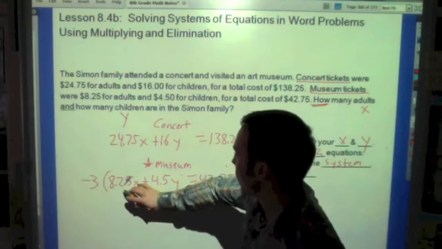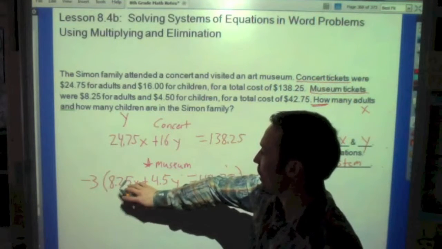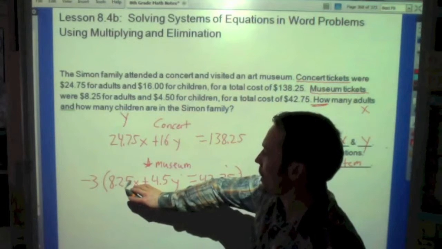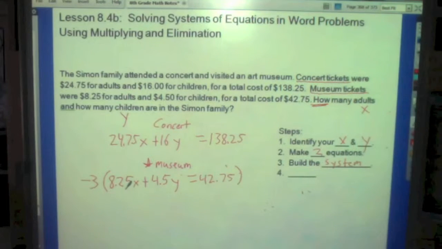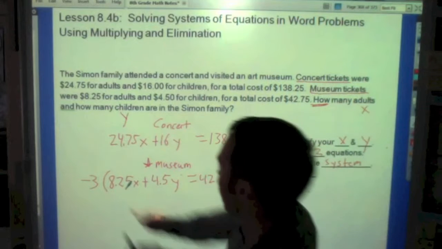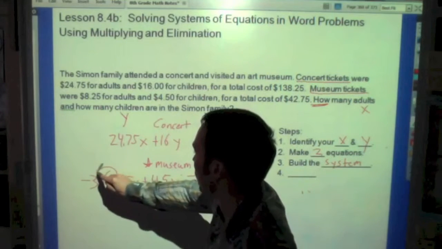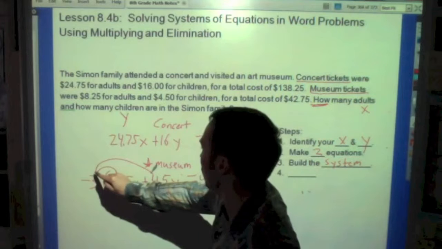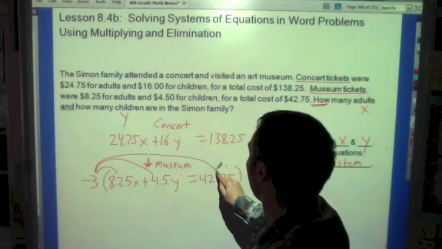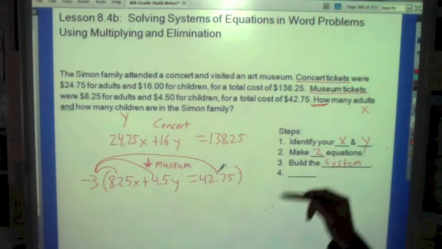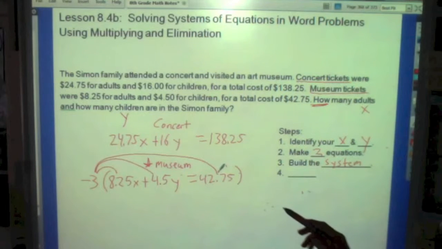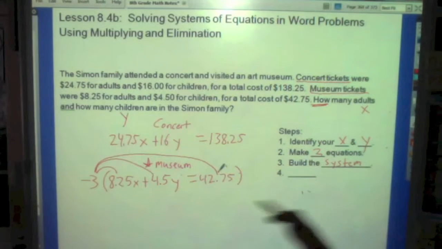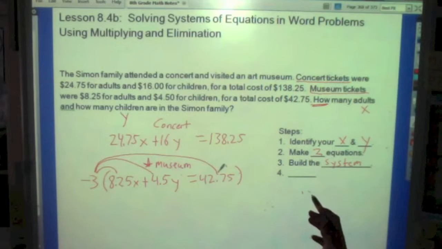I want to make this number become 24.75. And I also want it to be the opposite. So I want it to be the same, and I want it to be the opposite. So if I multiply the whole entire equation by -3, that is going to allow me to cancel out my x's. All right? So let's multiply that, and then let's see what we get. Okay, I'm going to multiply it.